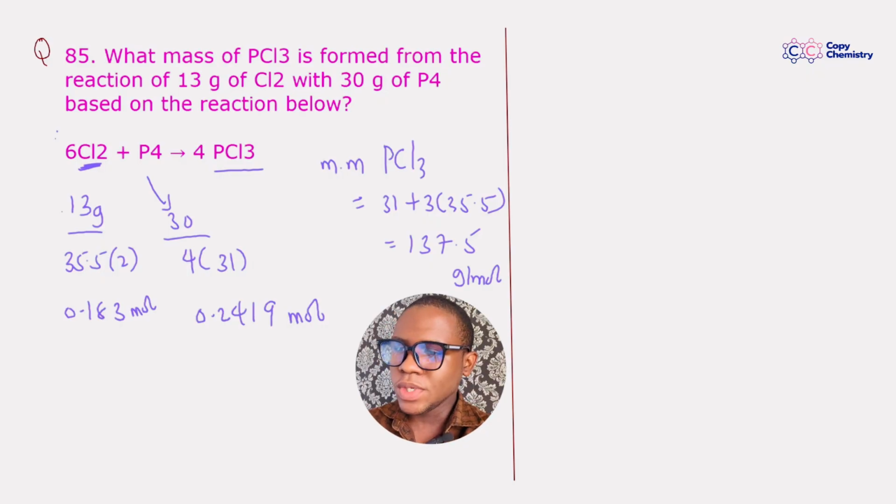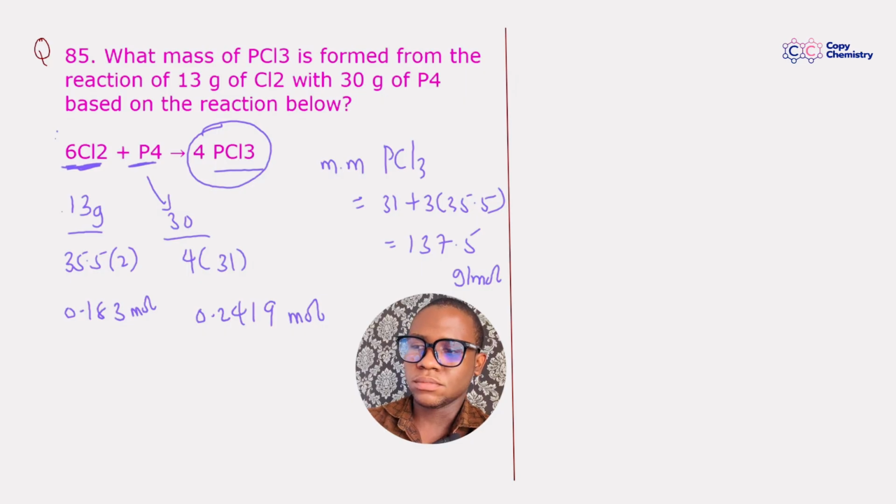Now, how do we then compare what we want to produce with any of these reactants? How do we do that? We first would figure out which of them is the limiting reagent, then use that to compare with our PCl3.